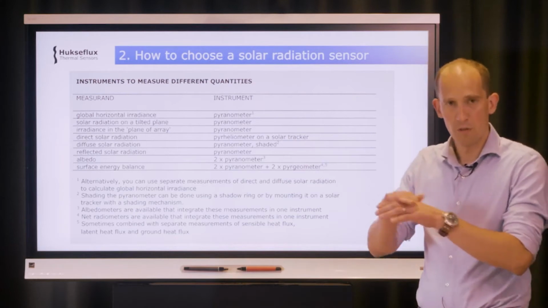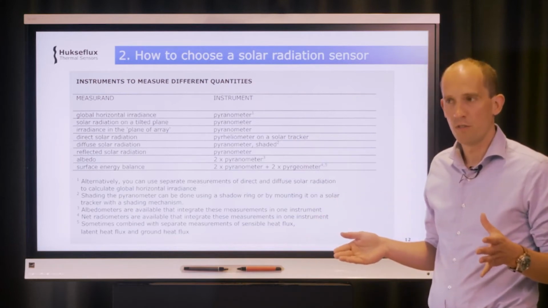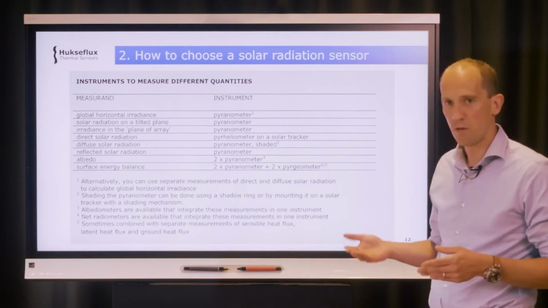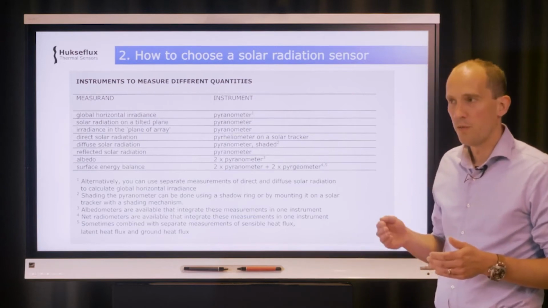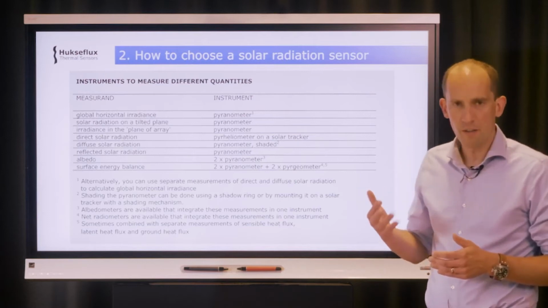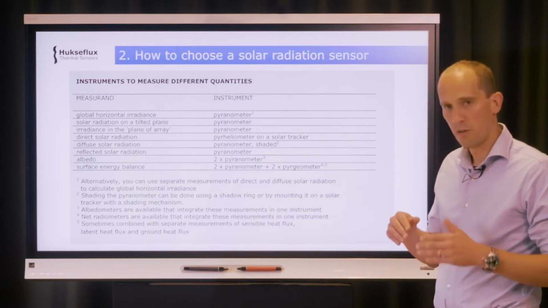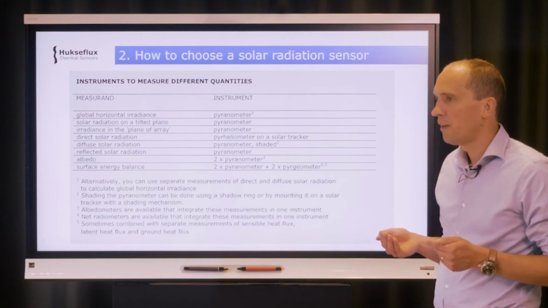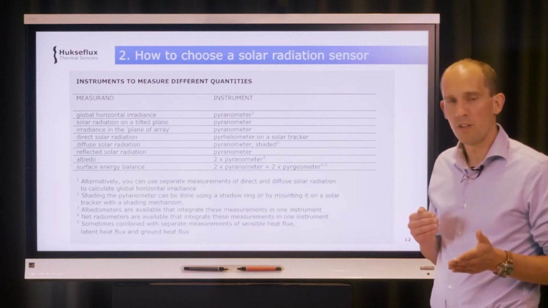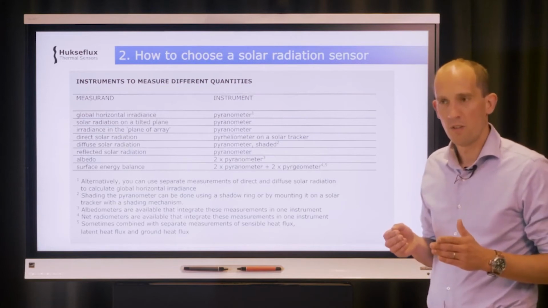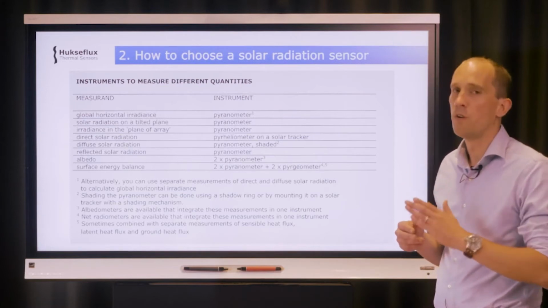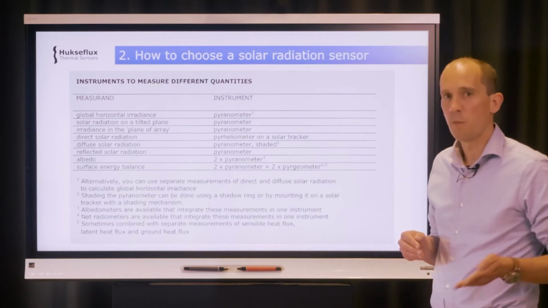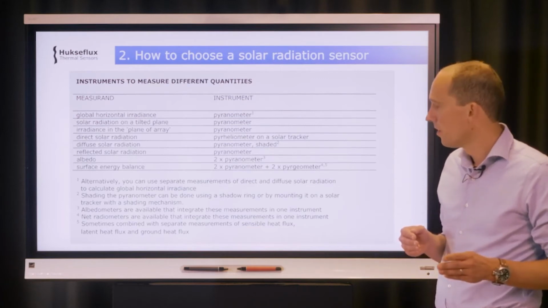So if you want to measure global horizontal irradiance, that's just the energy on a specific spot, use a pyranometer. If you want to know this on a tilted plane, so at an angle, also a pyranometer is used, but then in a tilted orientation. And you often in literature see the term plane of array, which is the irradiance on the plane of a panel which is tilted. So direct solar radiation is measured by a pyrheliometer on a solar tracker.